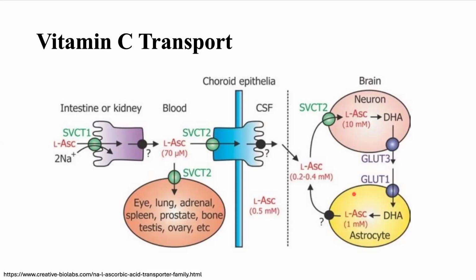They need more antioxidants such as vitamin C to neutralize those reactive oxygen species and keep on working. That's why you see such a huge amount of vitamin C present in a neuron, about 10 millimolar.